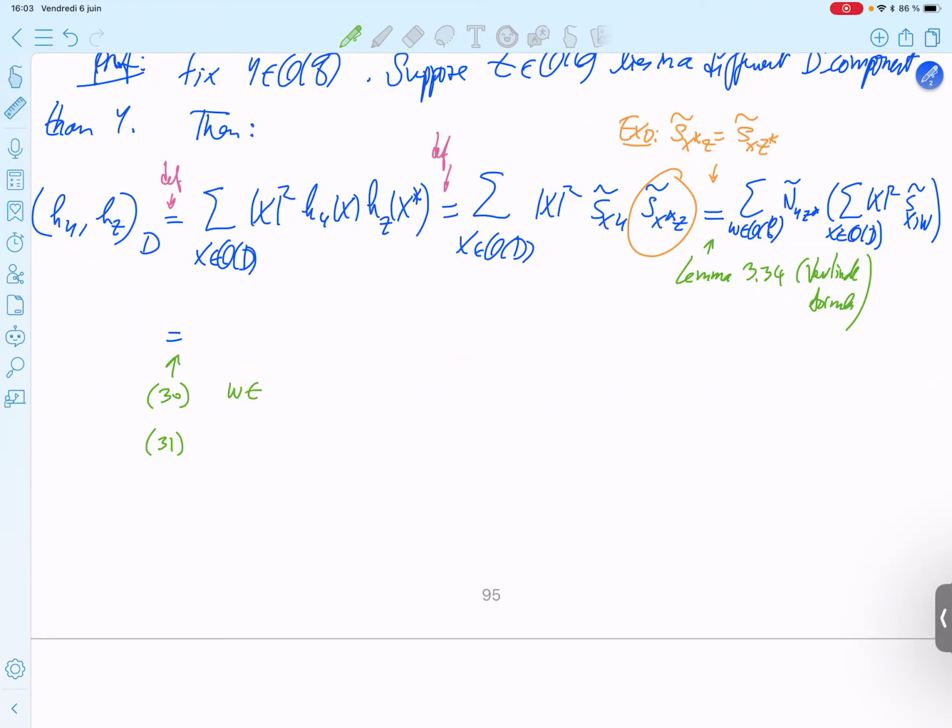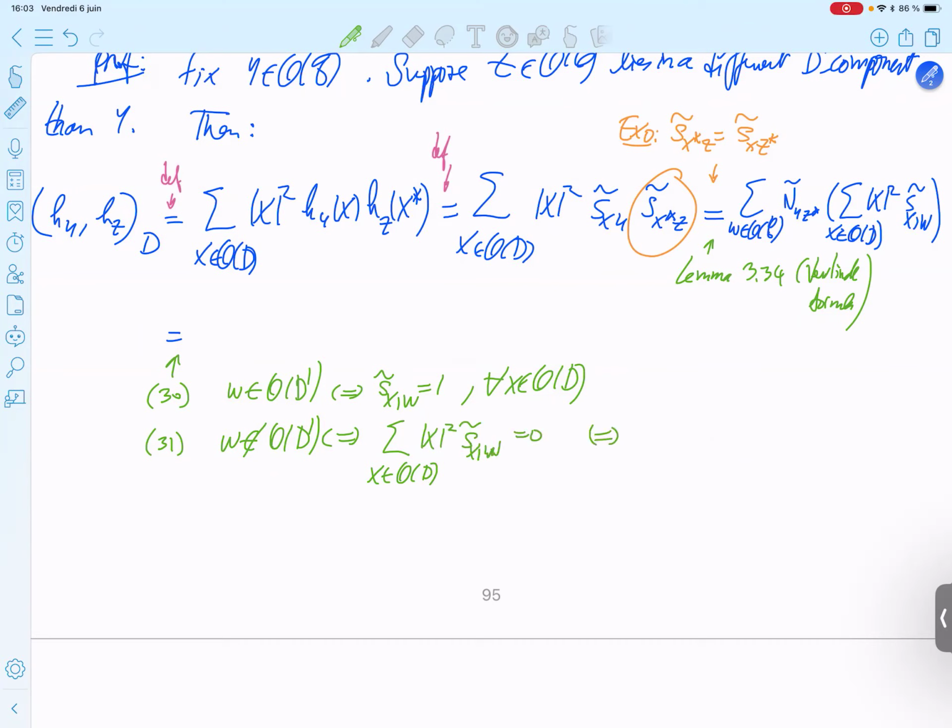So W is a simple object in the centralizer if and only if S tilde X W equals 1 for all X simple in D. And 31 is saying that W is not simple in the centralizer if and only if the sum for simple object X in D of the square norm of S tilde X W equals 0, which is also equivalent to the sum of X in D of S tilde W X like that.